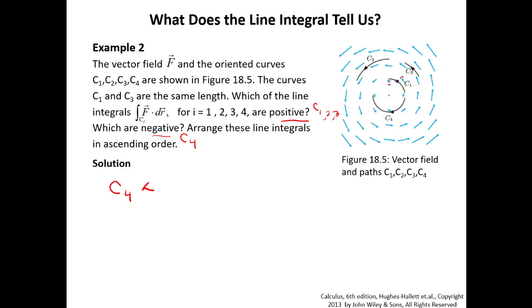And because it's a multiplication thing here, right? The vector field times the change in r, so we're multiplying. So it's about equal in size for C1 and C3, but the vector field itself for C3 is larger. It's going to give a larger value. So the next one that would be bigger is C1 and then C3.